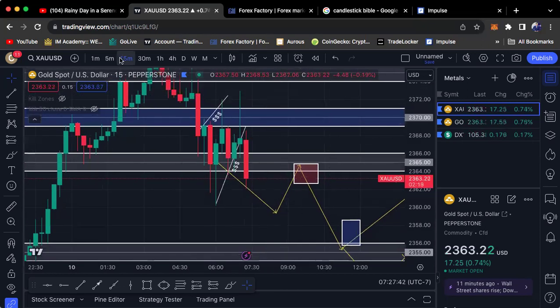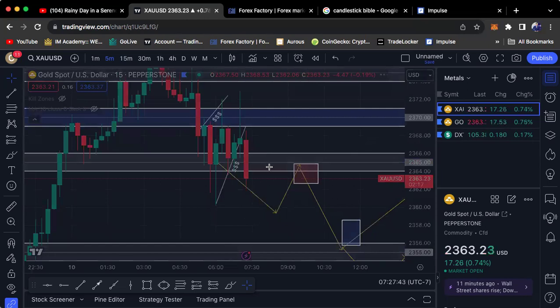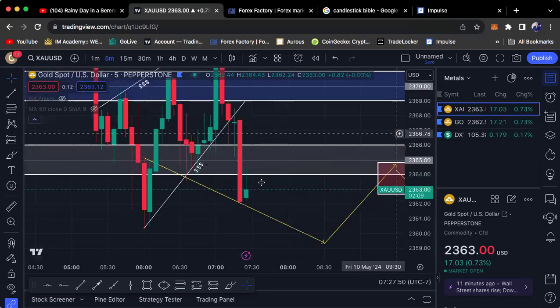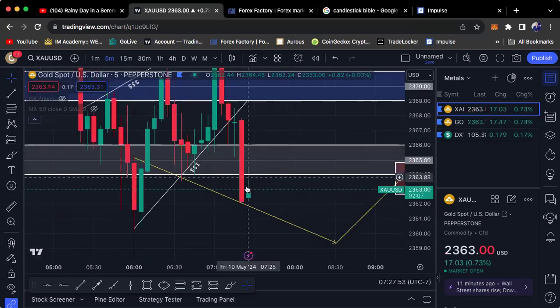All right, guys? So be patient with this. You see how it's touching this price level? It's retesting. It's giving me this wick.